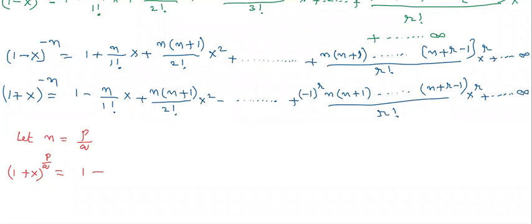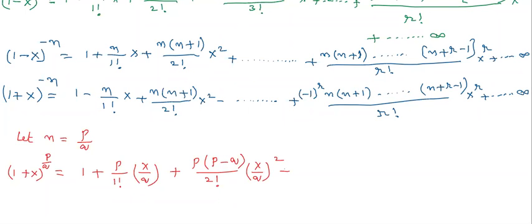Now this is formula 1 plus p by 1 factorial into x by q plus p into p minus q by 2 factorial into x by q whole square plus p into p minus q, p minus 2q divided by 3 factorial into x by q whole cube and so on. Here the power is positive. That's why here we are getting negative.